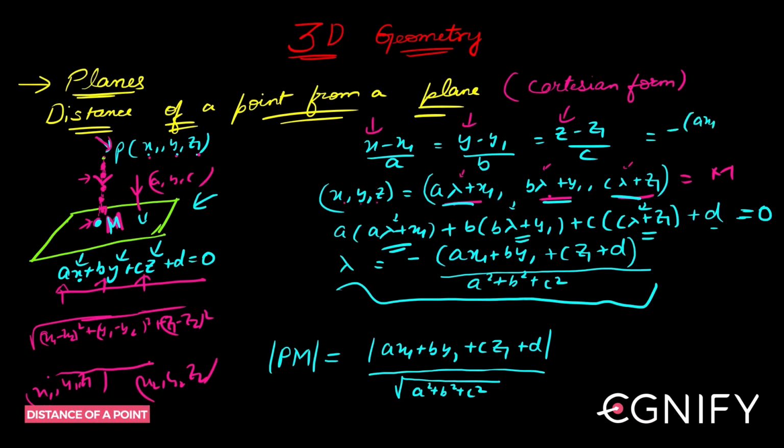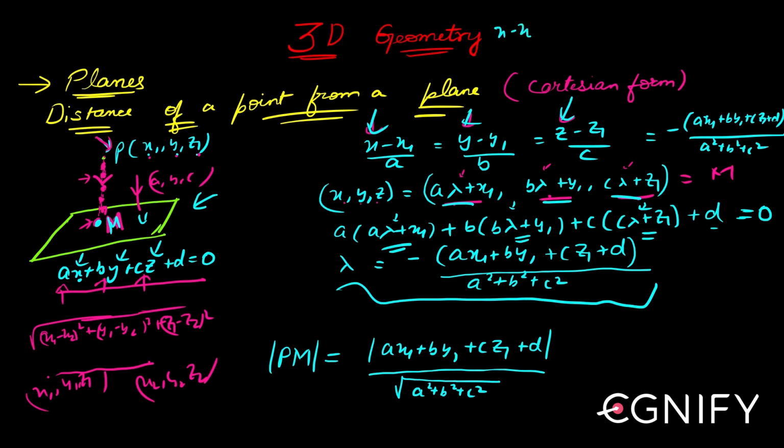So λ = -(ax1 + by1 + cz1 + d)/(a² + b² + c²). Now I am not calculating, I am just explaining the steps and writing the final answer. You can get the coordinates of x, y, z from this very easily, because all that you need to do is send a that side and then add x1.